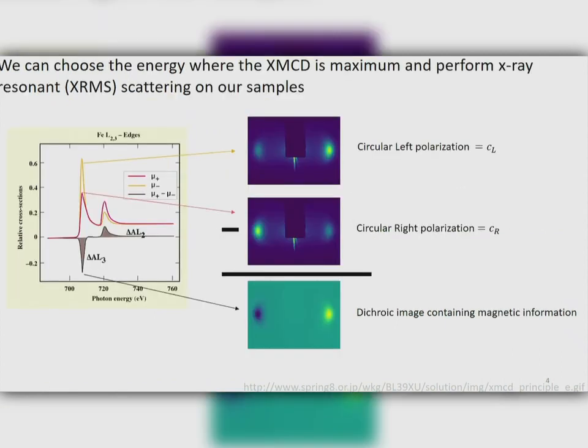As an example of how XMCD looks, if you have a reflection diffraction pattern with one circular polarization and then another one, they will already look different.